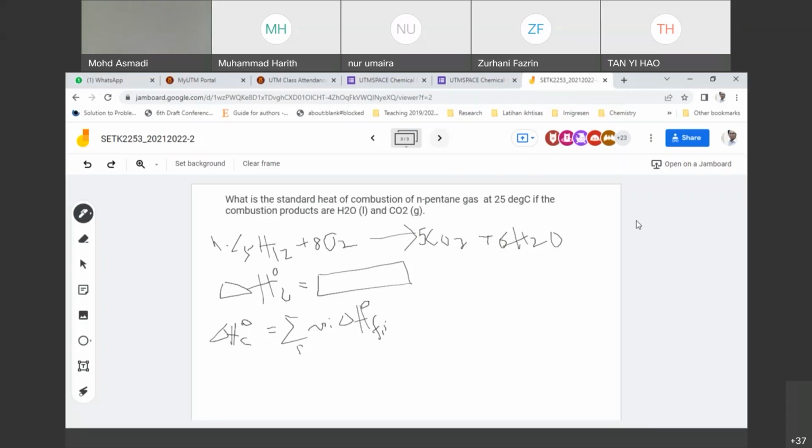Okay, give me the standard heat of formation for this one. Number one, two, three, and four.